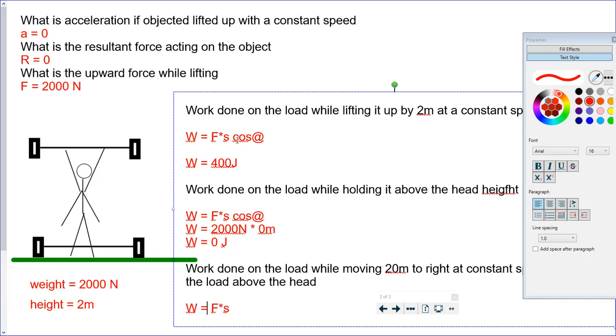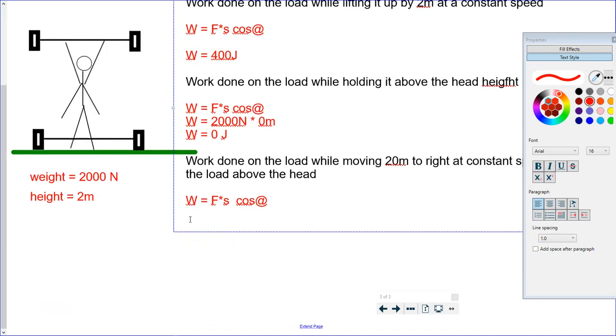So what's the angle between the force and the displacement? We do have the force, we do have the distance, but what's the angle right now?